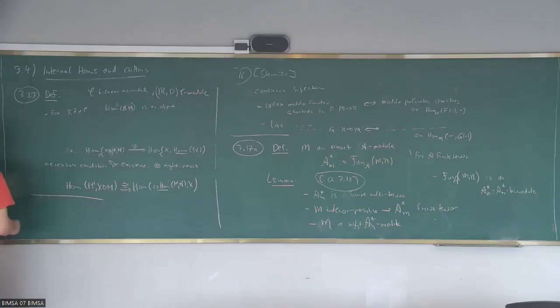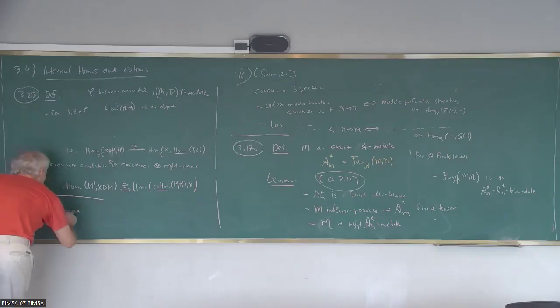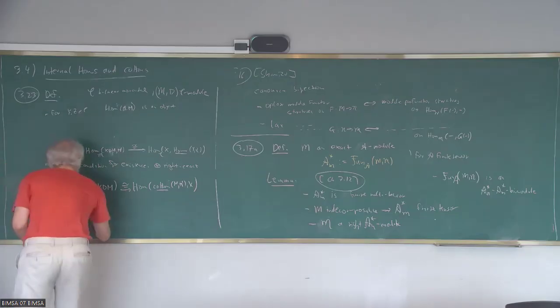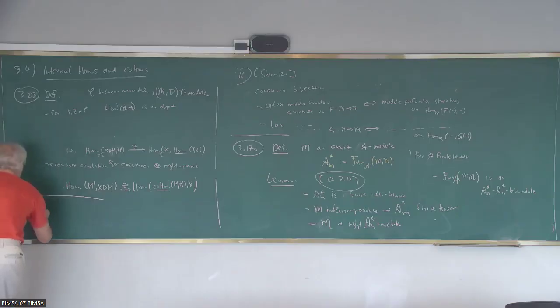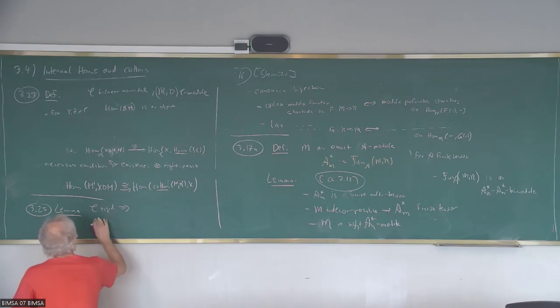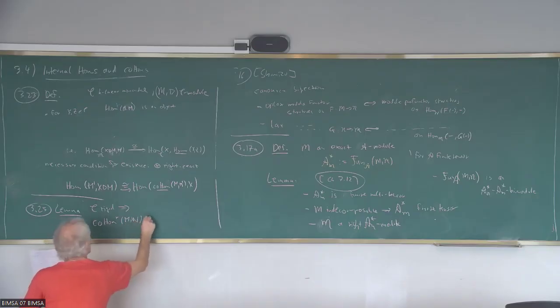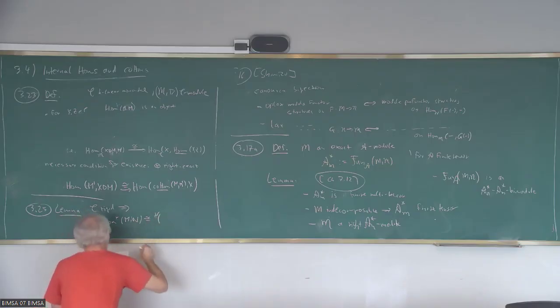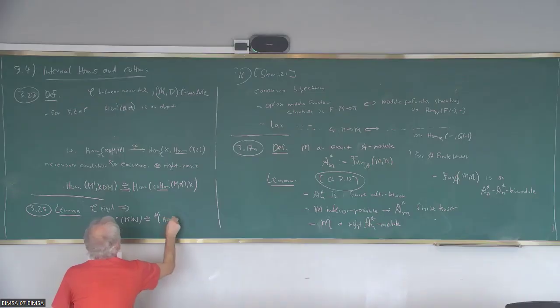And the reason for that is in the literature, most often C is taken to be rigid. And in this case, the internal cohom is nothing new. It's just the left dual of an internal Hom.